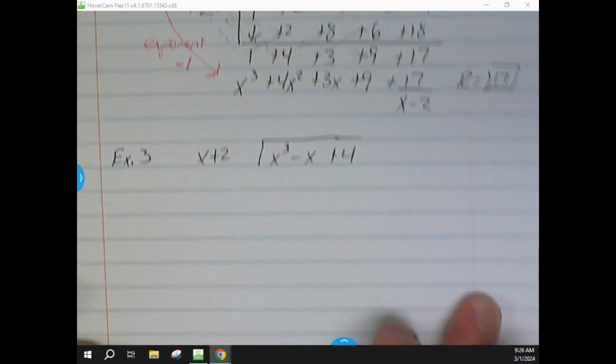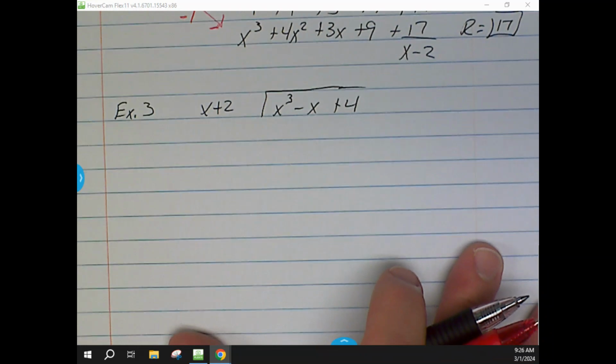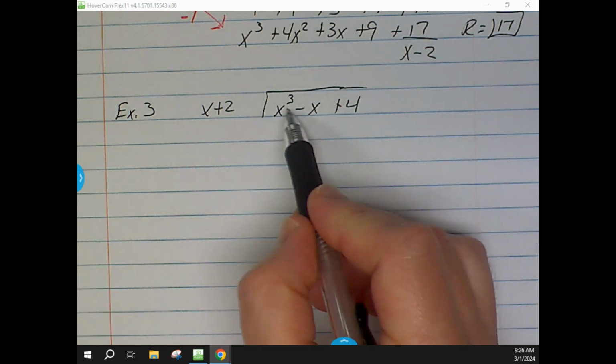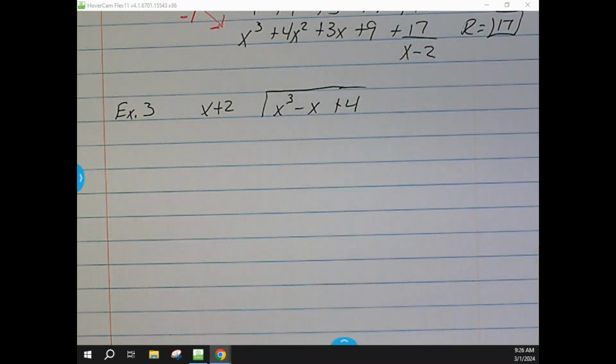Okay, so for example 3, let's go x plus 2 divided into x to the third minus x plus 4. Okay, so for this one, here's the main thing. Notice we went from x to the third down to x to the first. We skipped over x squared.